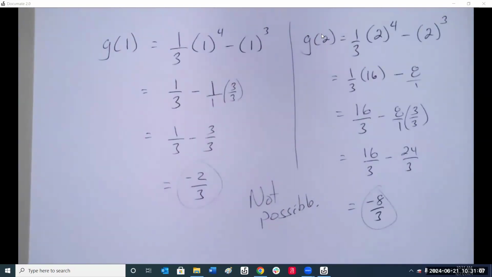They're both negative, so not possible. What do you think?